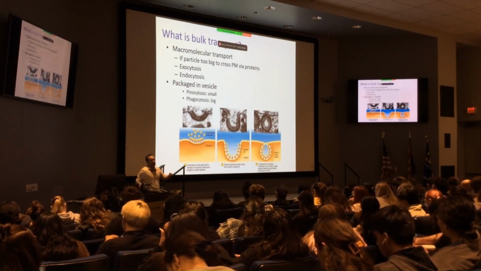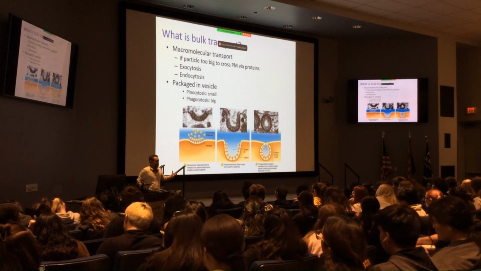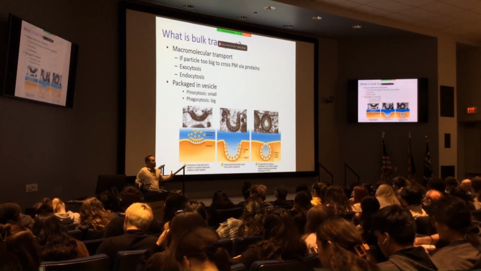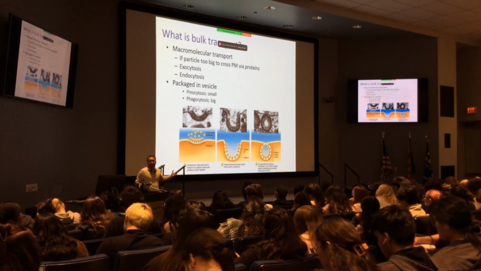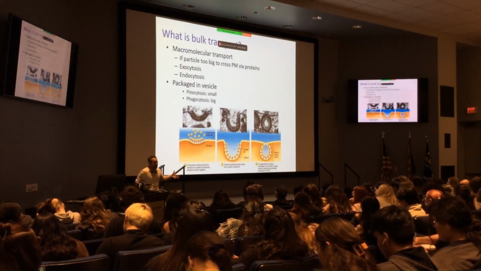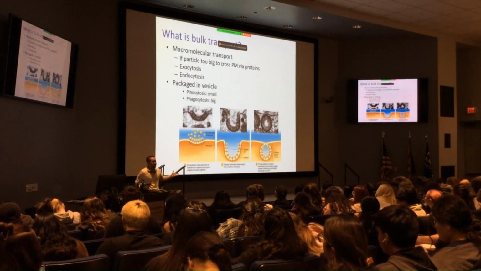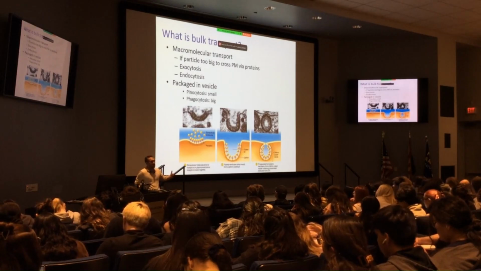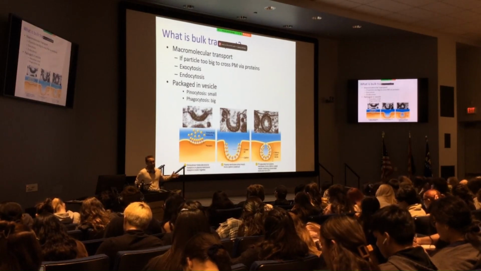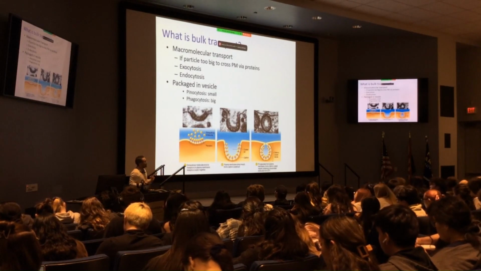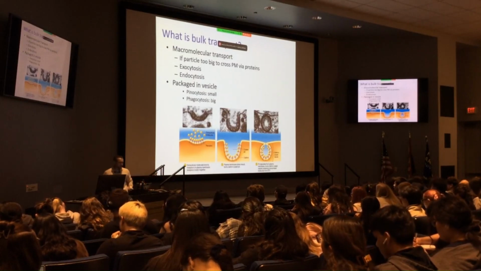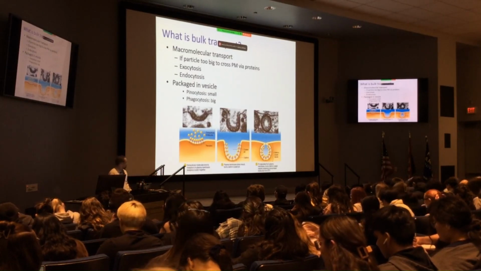And phagocytosis, like macrophages that are part of your immune system, they do this when they're gobbling up bacteria from an infection. Phago is the root for eating. So pinocytosis is cell drinking, phagocytosis is cell eating. That's how you bring stuff in through macromolecular transport.